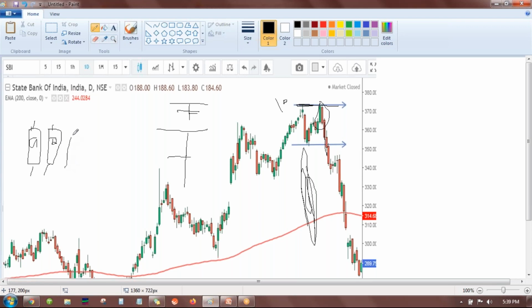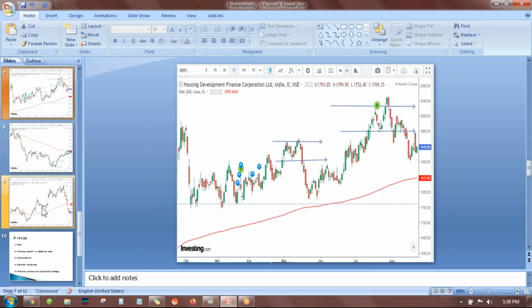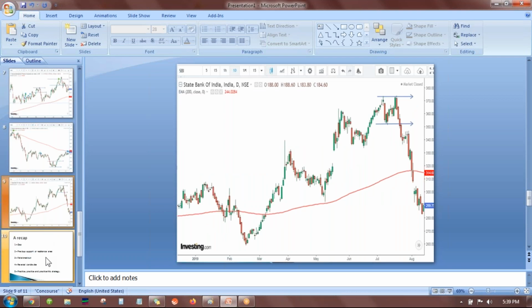Price went up, came back, closed here. So this is also a pin bar. Do not get confused by this type of thing. Try to look for a reversal, a rejection, a good wick, a good pattern. Then only take a trade. So I hope you guys are clear with this strategy.